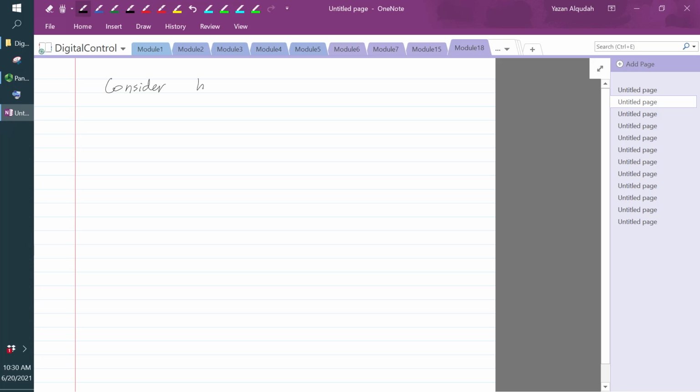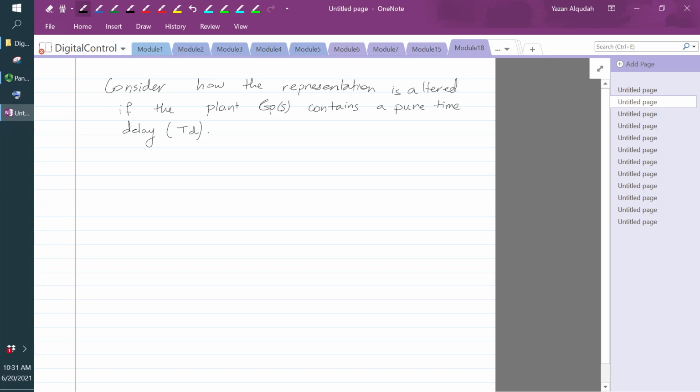Consider how the representation is altered if the continuous time plant, Gp of s, contains a pure time delay. And let's say that time delay is T sub D.